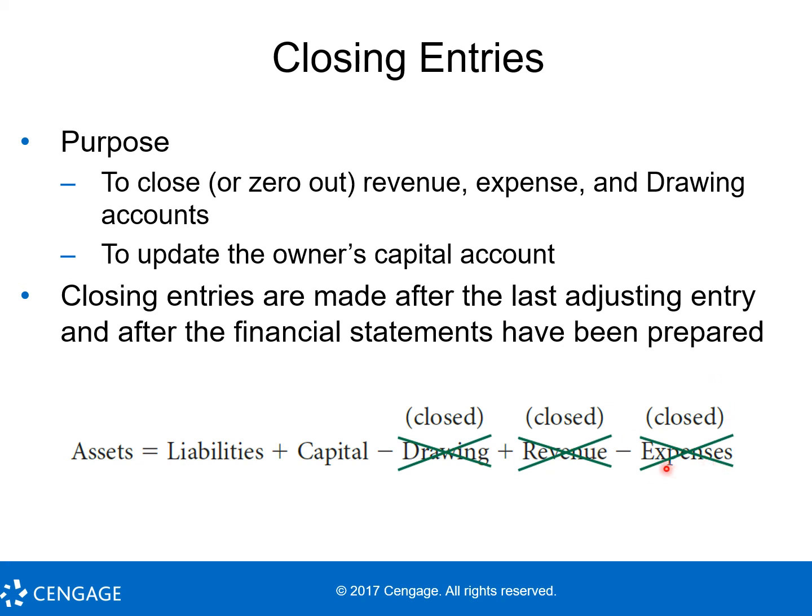We want them to start at zero come the next fiscal period. When we close those, we don't just put them into thin air. They get updated into the capital account, but we carry it over through capital because we want to start at zero at the beginning of each year. So these three stay open, these three are going to close.